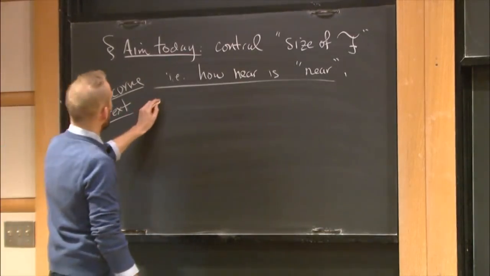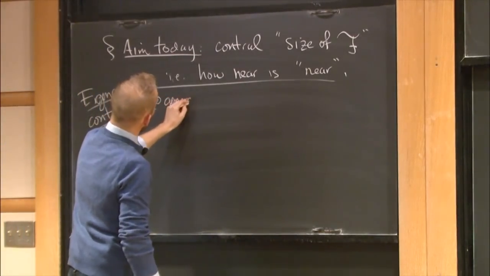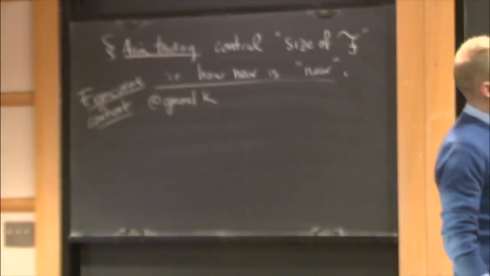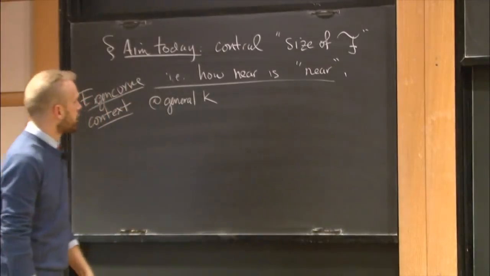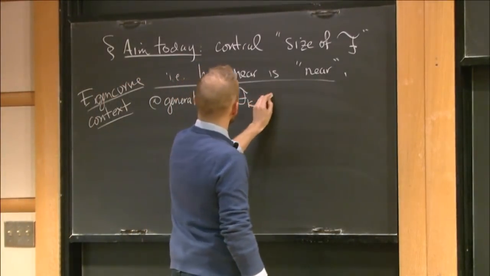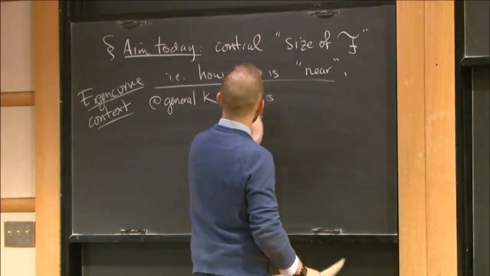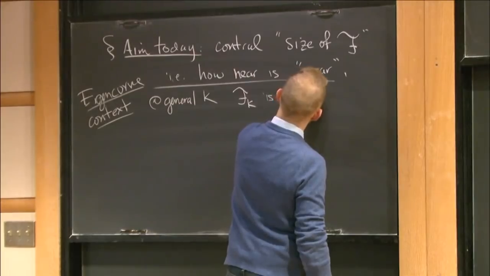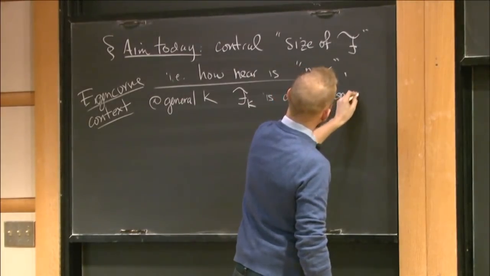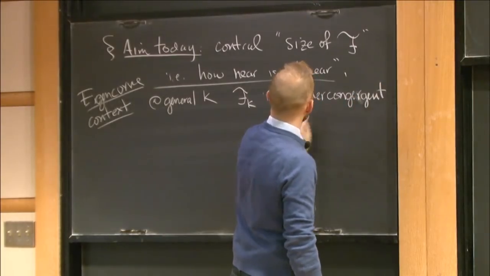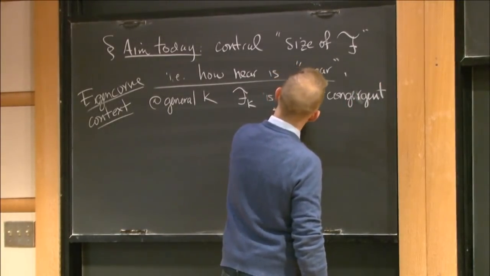At a general kappa, I tell you in the theorem what happens at kappa is k and the other weights that are highly congruent to k. But at a general kappa, f_kappa is what's called an overconvergent p-adic modular eigenform, an overconvergent p-adic eigenform.